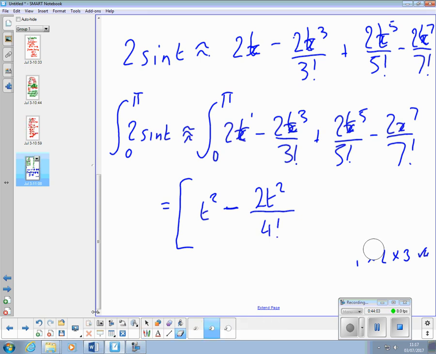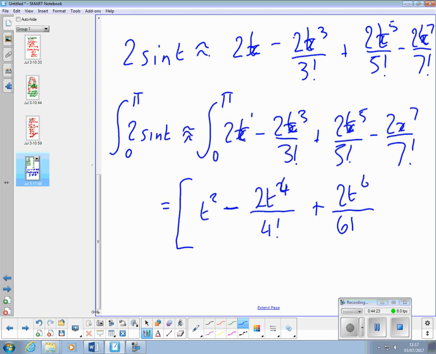So you start to see a pattern, because this is going to be plus 2t to the, add 1, 6, over 5 factorial times 6, the 6 factorial. And then lastly, minus 2x to the 8 over 8 factorial, all between pi and 0. And I reckon you could put the limits in there now and calculate that answer.